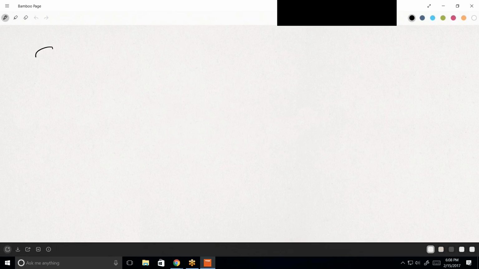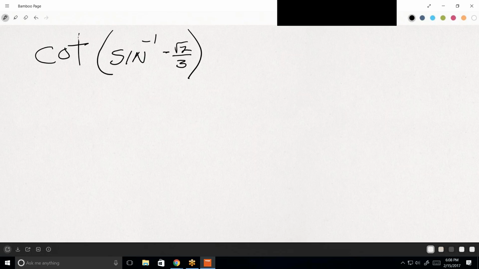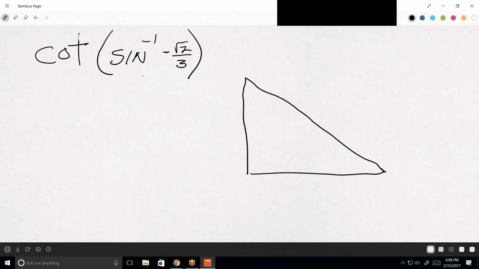Cotangent of inverse sine of negative root 2 over 3. Again, draw a triangle and let this be theta. In other words, the inverse sine of negative root 2 over 3 I'm going to call theta.